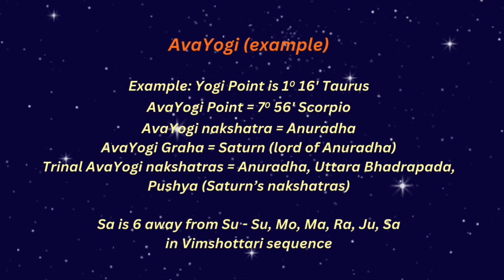Now, let's confirm this using the quicker method. Start with the Yogi Graha, which in our example is the Sun. Count forward inclusively 6 grahas in the Vimshottari Dasha sequence, and we get Sun, Moon, Mars, Rahu, Jupiter, and Saturn. Once again, we arrive at Saturn as the Avayogi Graha, just as we did with the degree-based method.